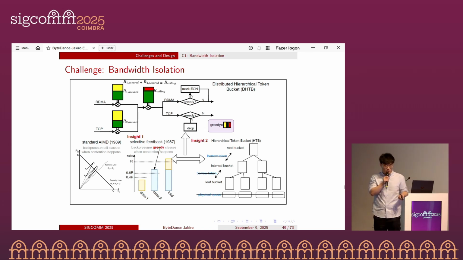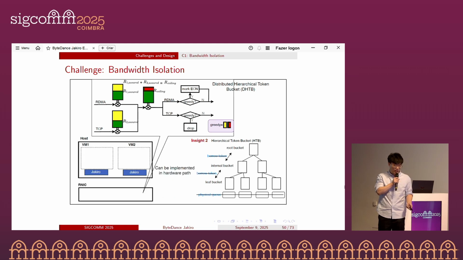And we define the greedy state as yellow and red, and it will only back pressure the stream when it enters the greedy state. That's the whole thing. And because we have removed the token borrowing and the physical queues, this whole mechanism can be fully implemented in the hardware path of the RNIC.